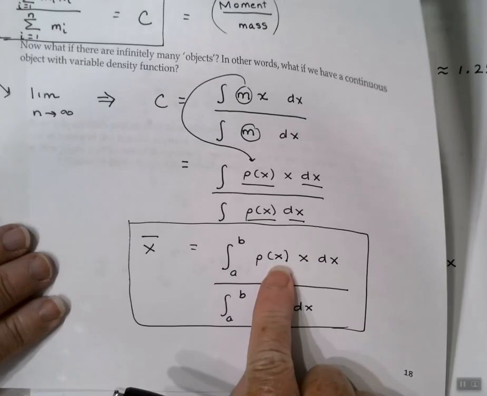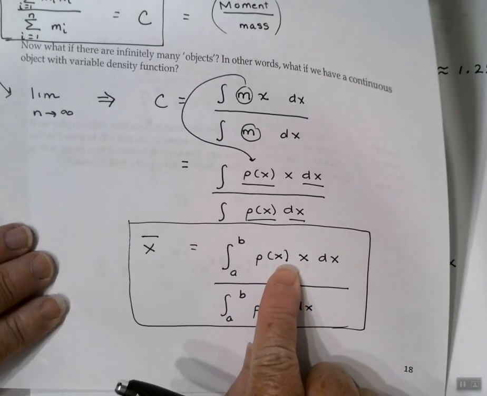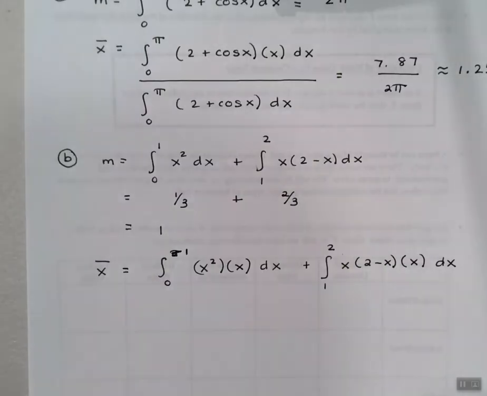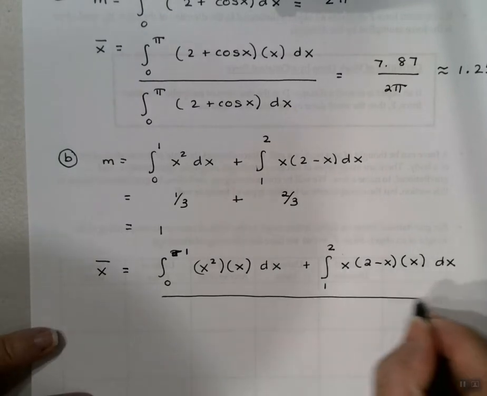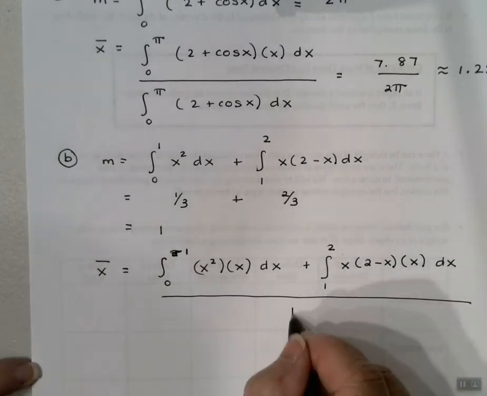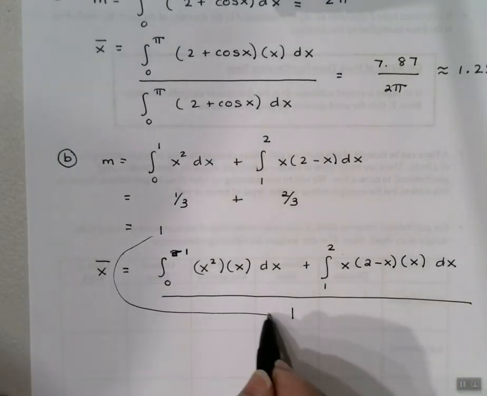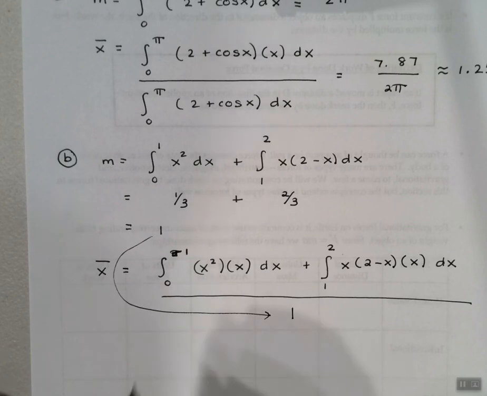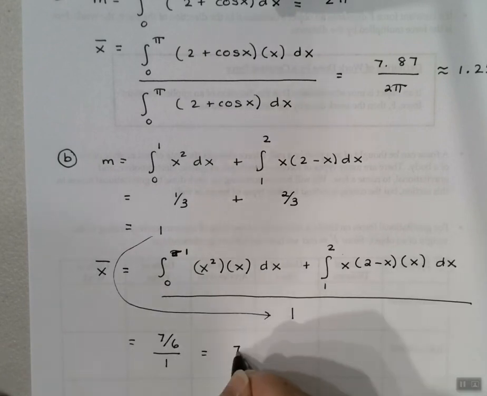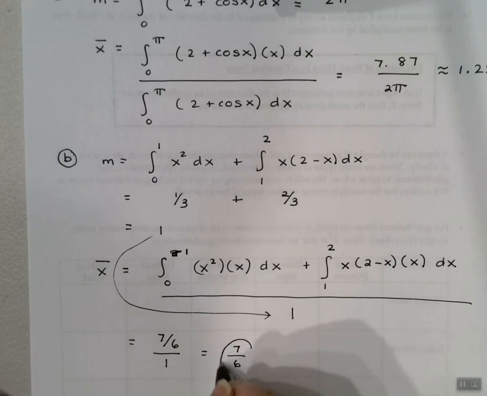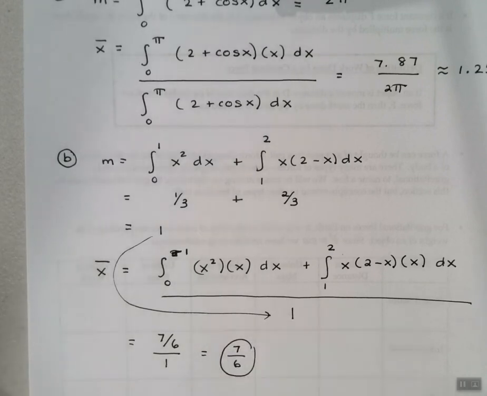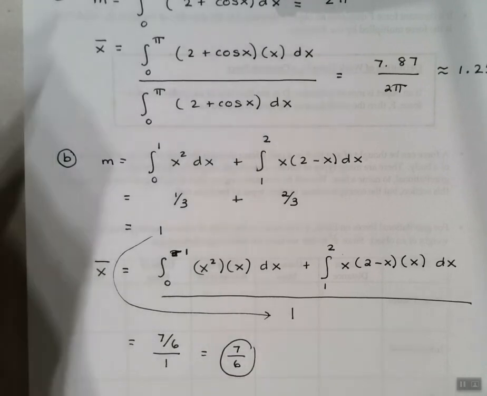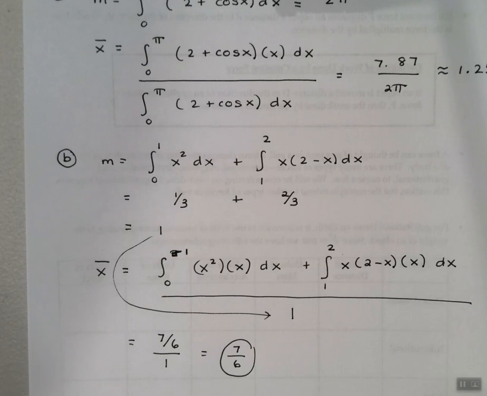I'm just doing this: density times x for each one of those. The denominator is the mass, which we've already calculated. That was just 1, so I'm just going to steal that answer and put it right there. And if you do all of this, that whole numerator comes out to 7/6 divided by 1 gives us 7/6 for our center of mass. And that brings us to the end of our discussion of Part A of 6.7.